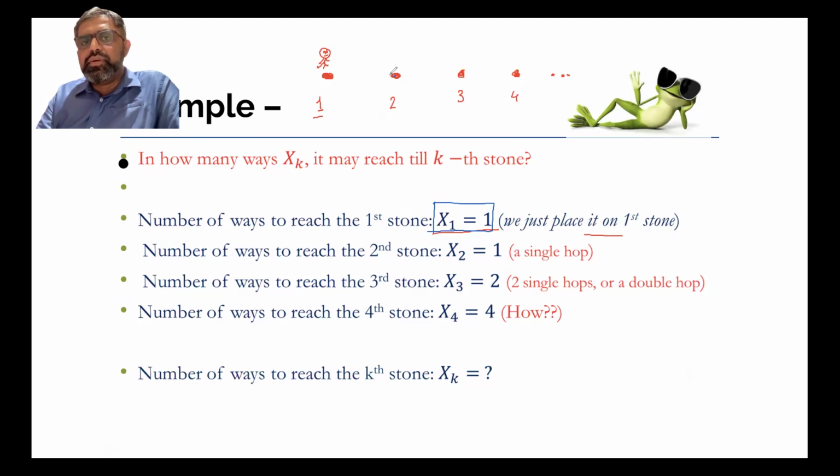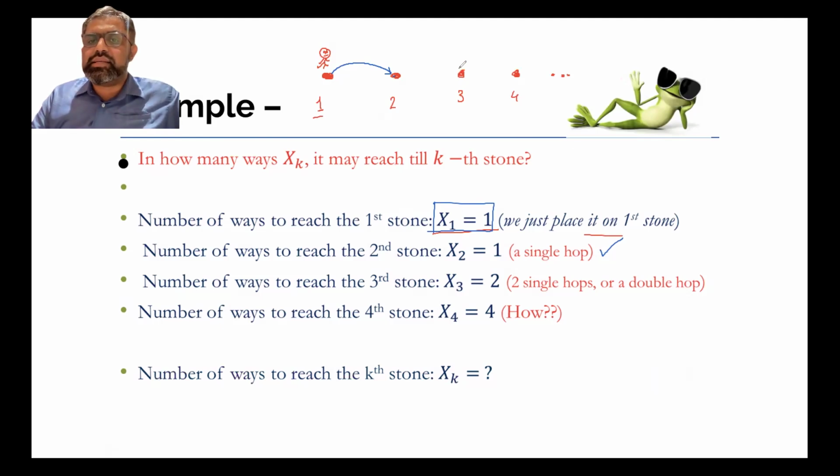Remember, it can jump directly from one stone to the other, or it can skip one stone, or it can skip two stones. There's no need to skip over here to reach stone number 2. There is only one way: it will jump from stone 1 to stone 2 and reach there. So x2 is 1, in a single hop the frog can reach from stone 1 to stone 2.